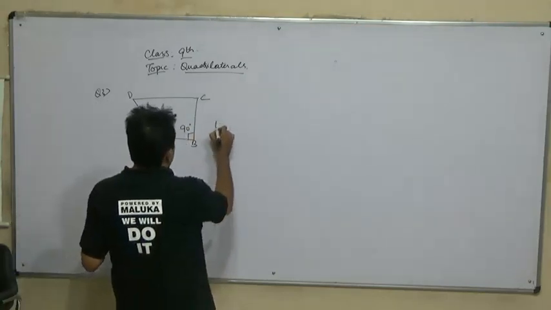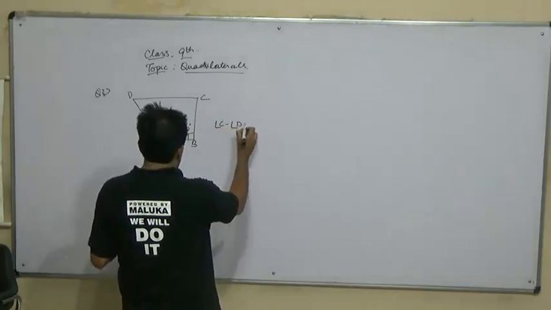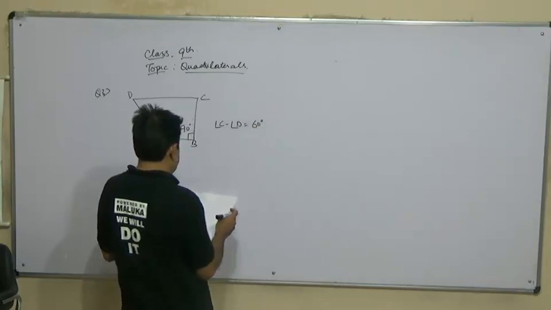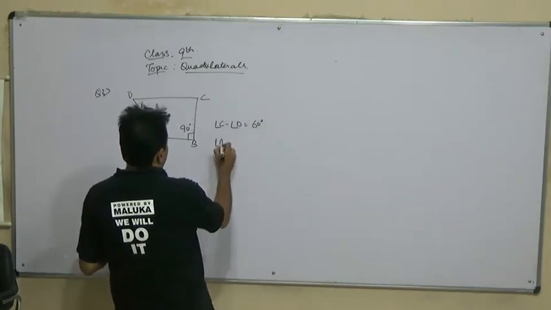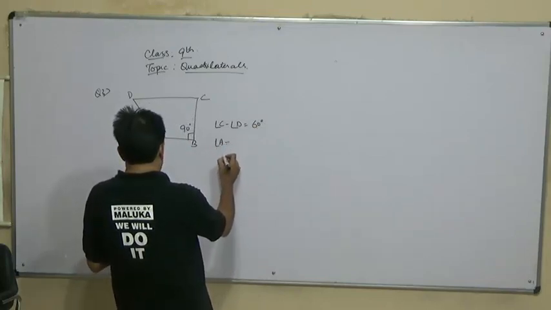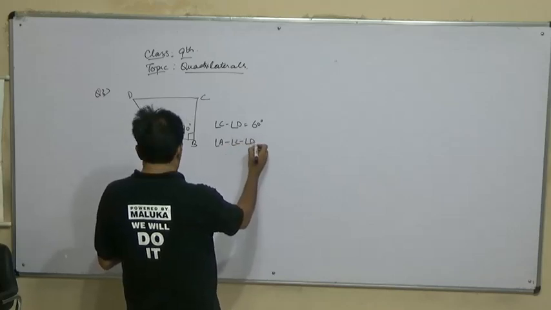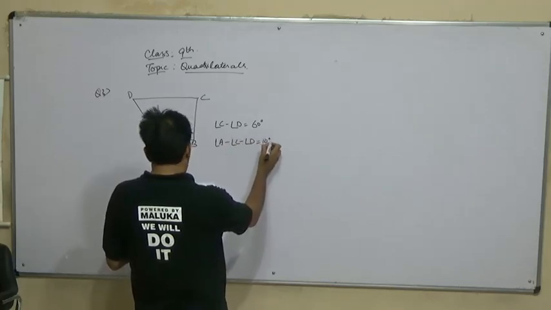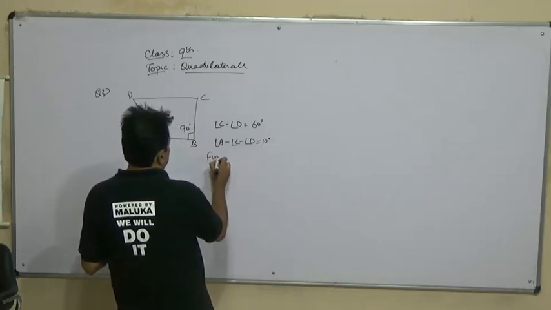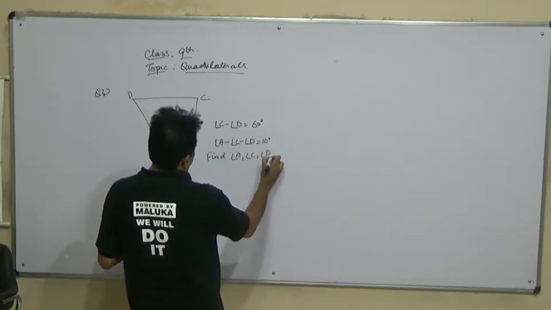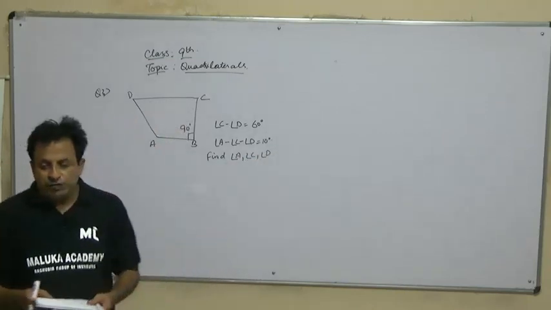Angle C minus angle D is equal to 60 degree. Angle A minus angle C minus angle D is equal to 10 degree. Find angle A, angle C, angle D. So we have to find three angles.